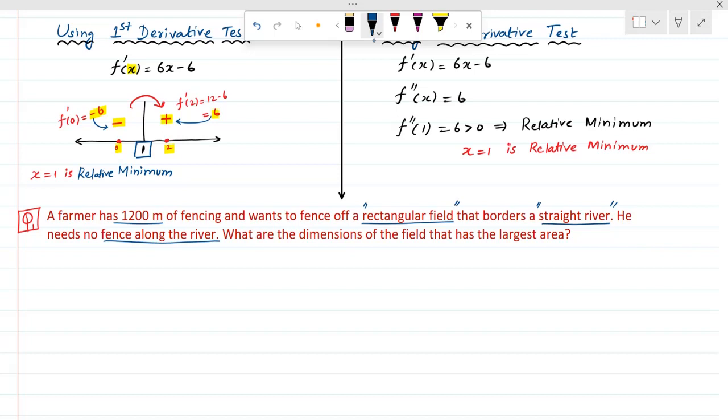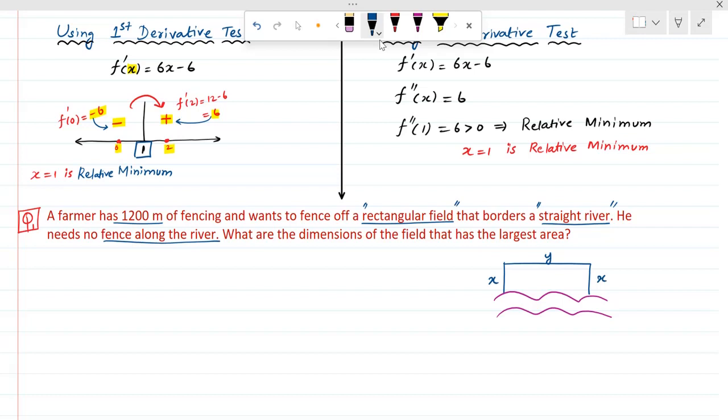Here actually this is the scenario which is given, and this is the river. This is x and y. He doesn't want the fencing on the river side.